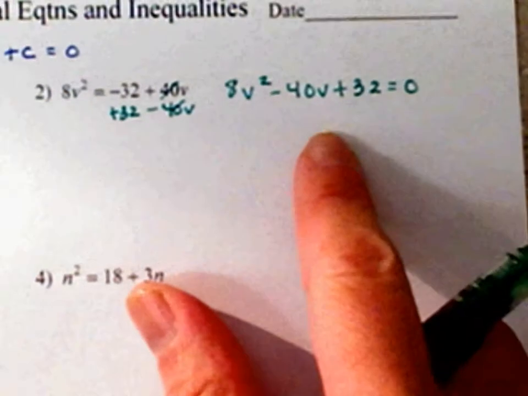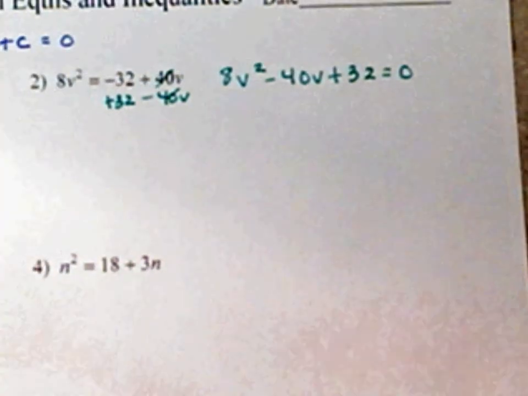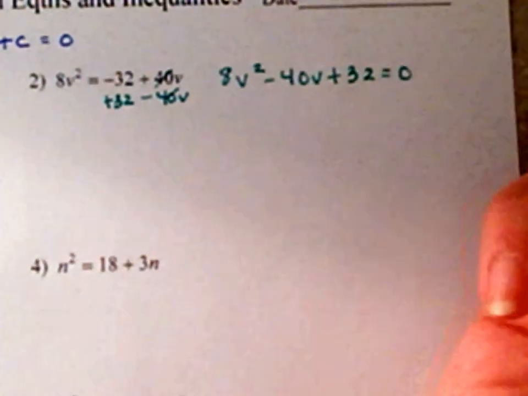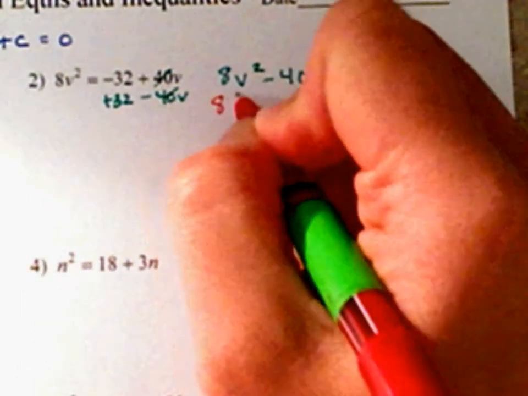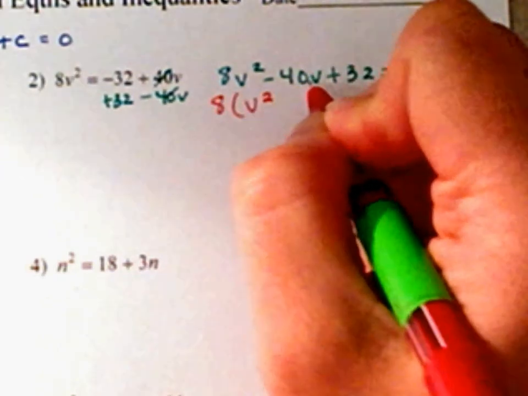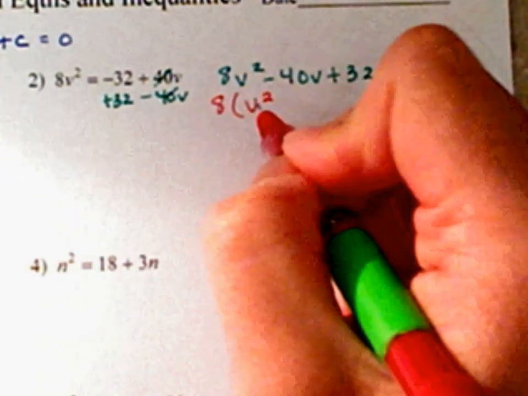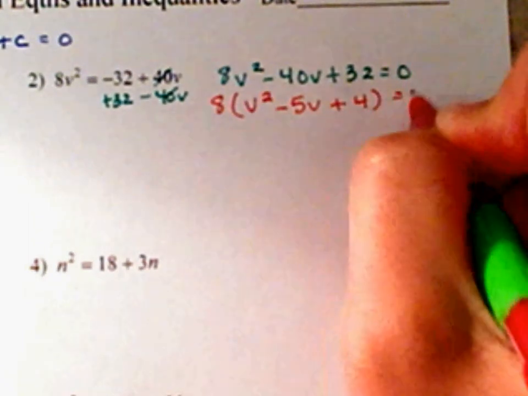Okay. Now if you take a look, is there any number that goes into 8, 40, and 32? Well, 8 goes into all these numbers, so I'm going to factor out my greatest common factor, which is 8. And when you do that, you basically are dividing each of these terms by 8. So you have v squared minus 5v plus 4 equal to 0. Okay?